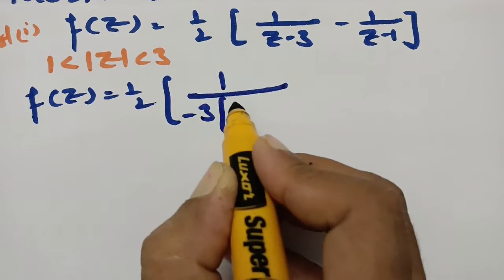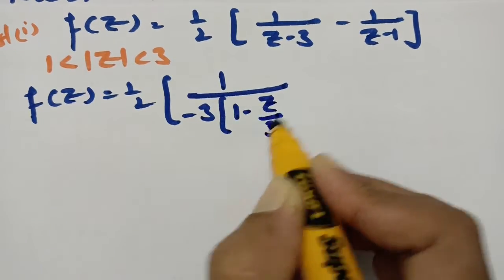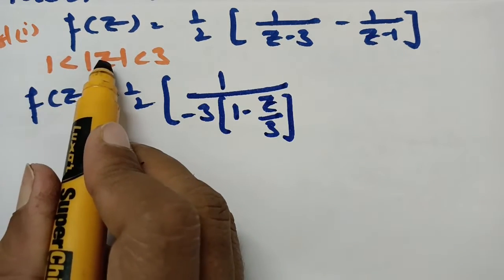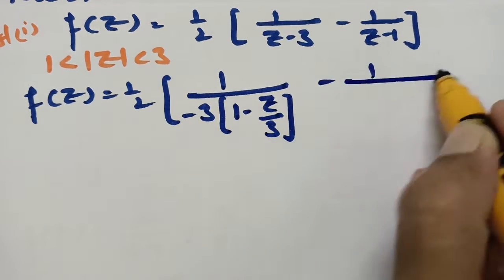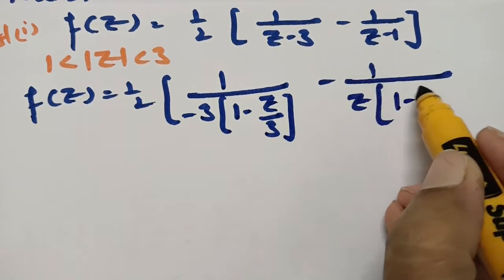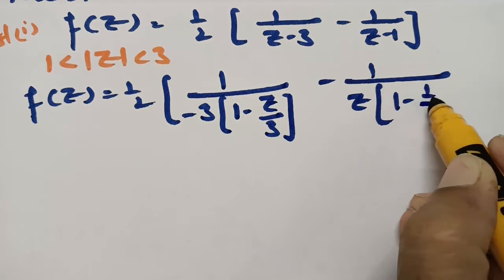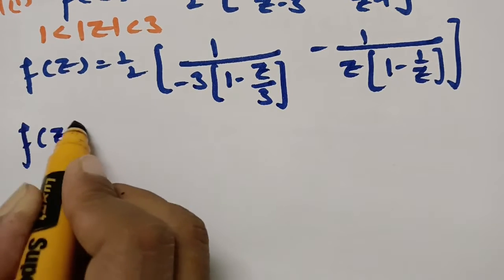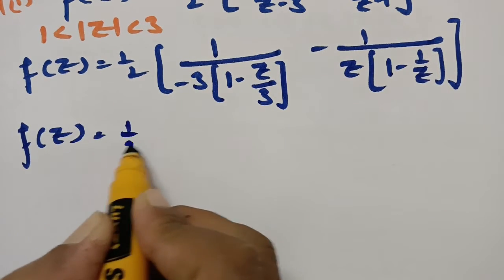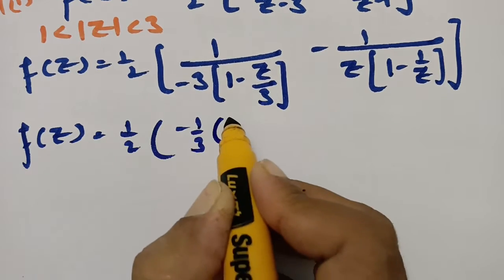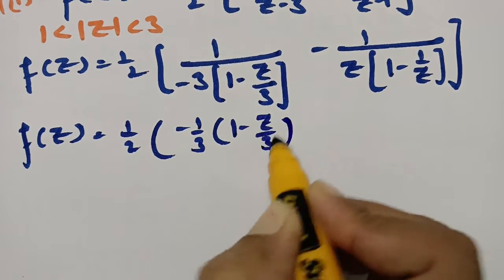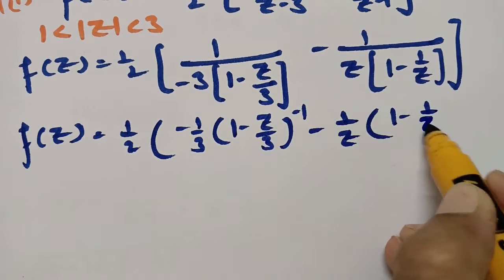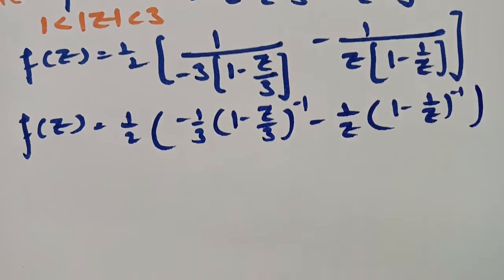If I take minus 3 common, this will be 1 minus z by 3. Clear? Among z and 1, which one is bigger? Z is bigger. So in this case, I am going to take z common. If I take z common, this will be 1 minus 1 by z. Now f of z can be written as half times of minus 1 by 3 into 1 minus z by 3 inverse, and minus 1 by z times 1 minus 1 by z inverse.